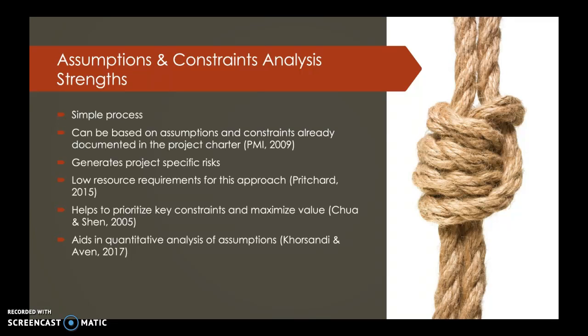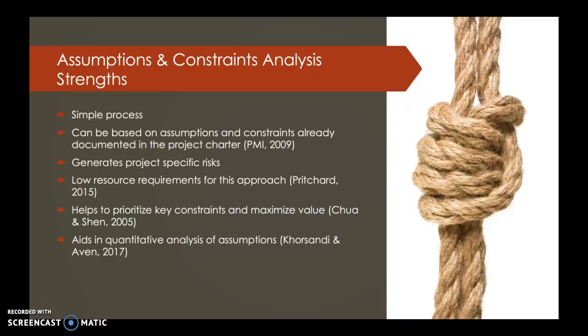One, it's a simple process. As you see, it's taking all the assumptions and constraints, testing them with those two questions, and then generating a risk. Very simple. Two, it can be based on assumptions and constraints that are already documented in the project charter. Again, no new work needs to be generated for this process. It can be done using already generated assumptions and constraints that have been documented earlier in the project.